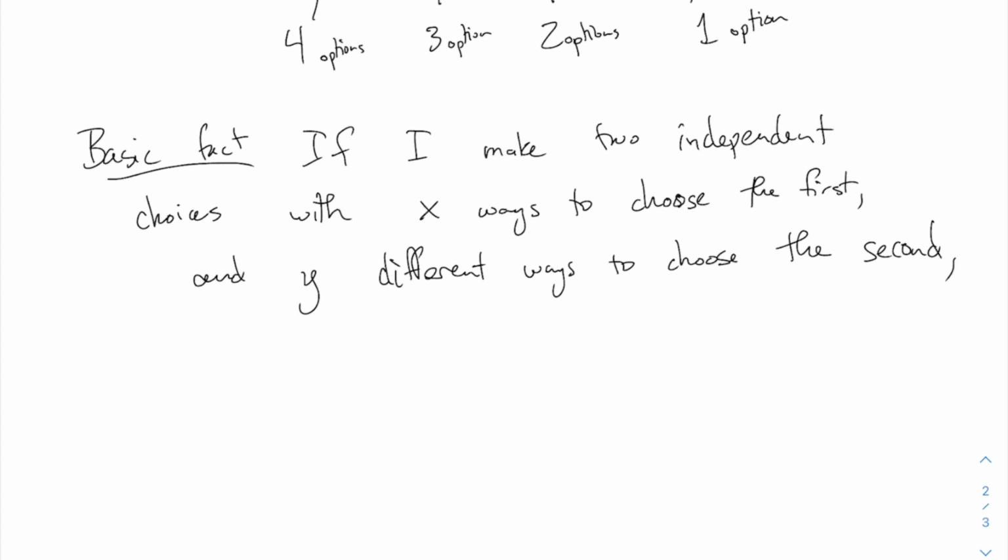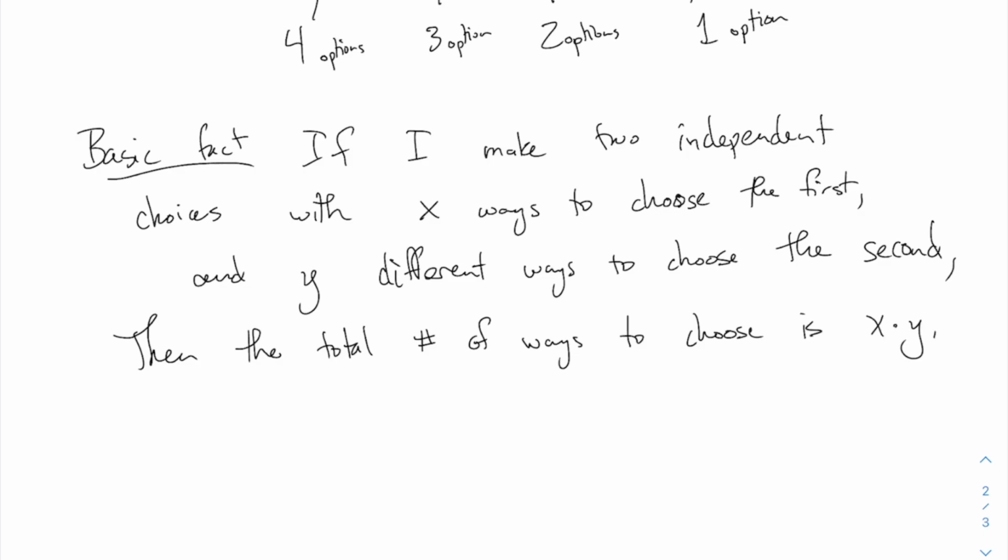It's X times Y. It's not X plus Y. It's X times Y. So then the total number of ways to choose is X times Y. All right?